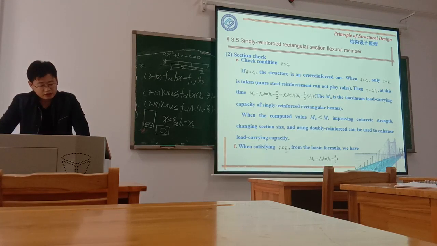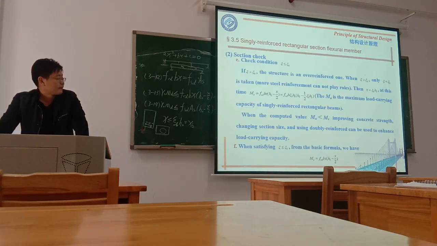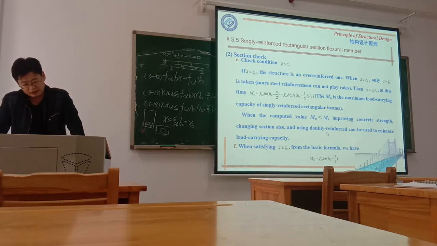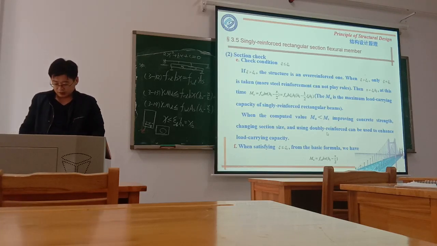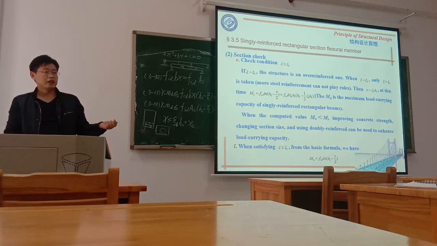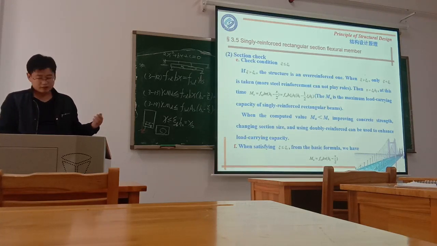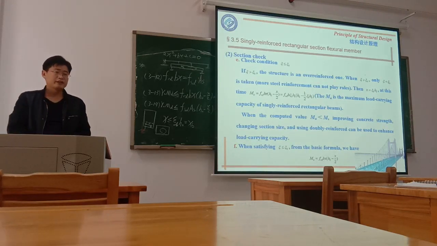But for xi smaller than xi b, x equals the real height, the real x. So that's the formula to calculate the load capacity Mu. Mu should be larger than the load effect.